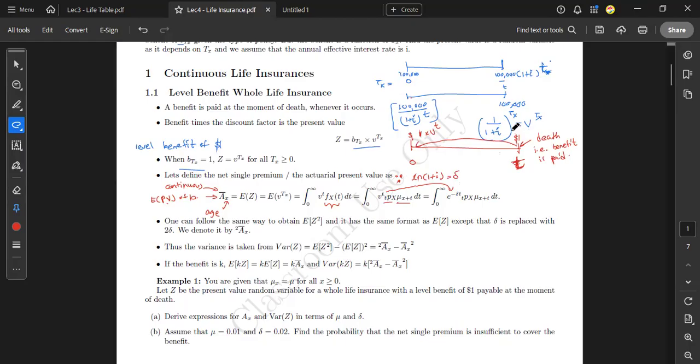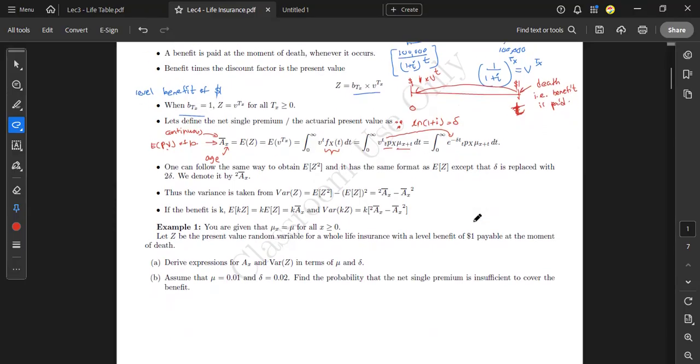And we know that v is 1 over 1 plus i. So if you get the log value of these two, v to the power t is e to the power negative delta t. So that's how we got the transformation. So then it's a function of t, and every component, the exponent part, the survival probability, and the force of mortality depends on the future lifetime t.